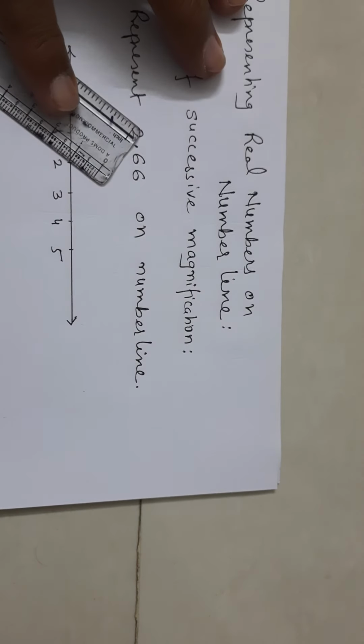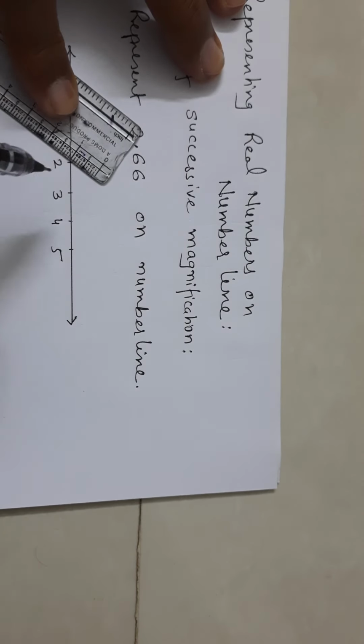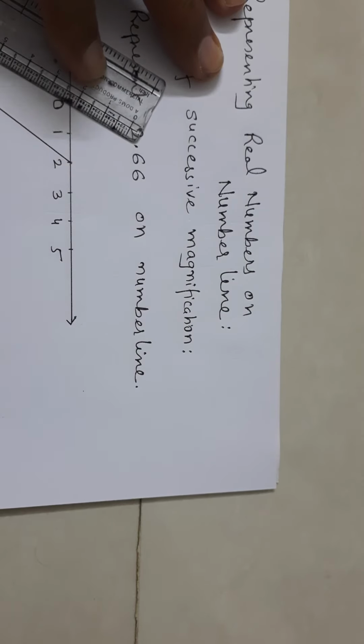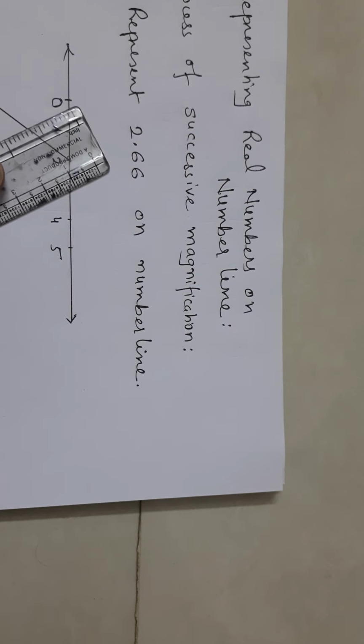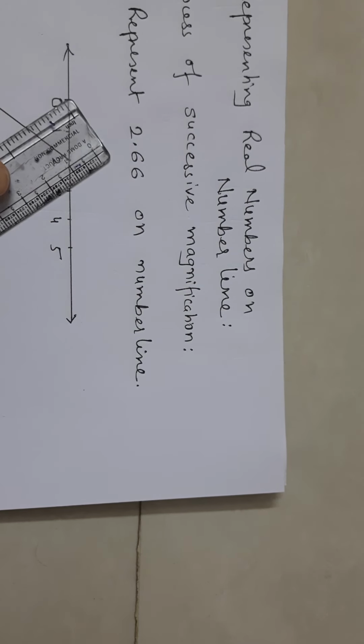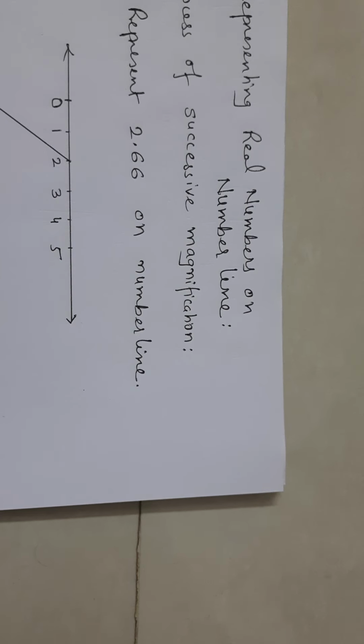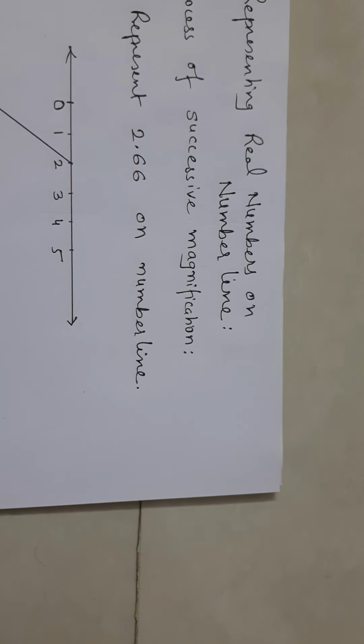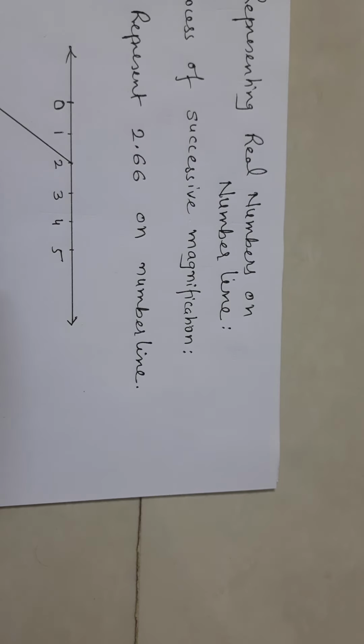In one place I bring 2, I show it 2 here. On the other side I bring 3. You can actually measure and bring, nothing wrong. To make it simple, there should be 10 sections. 1, 2, 3, 4, 5, 6, 7, 8, 9 and 10.